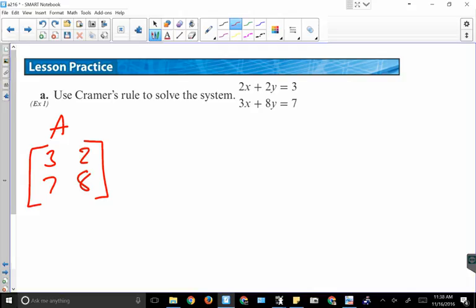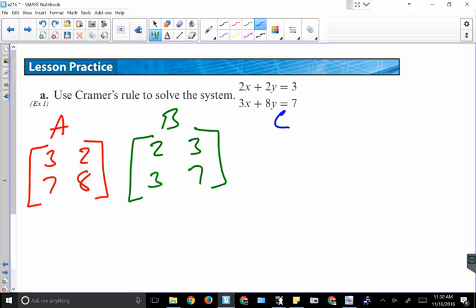Okay. So now matrix B is going to be AE, so that's going to be 2, 3, and then 3, 7. Y'all in agreement for me there? Good. C: 2, 2, 3, 8.